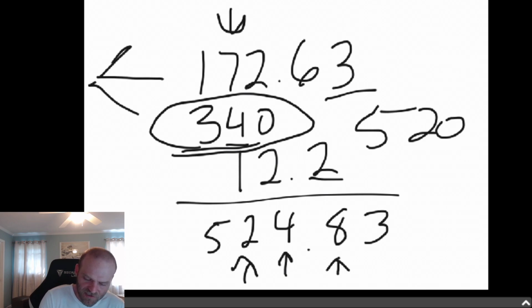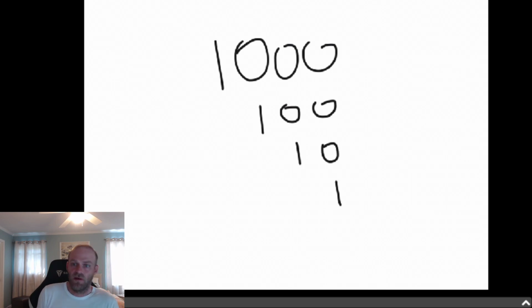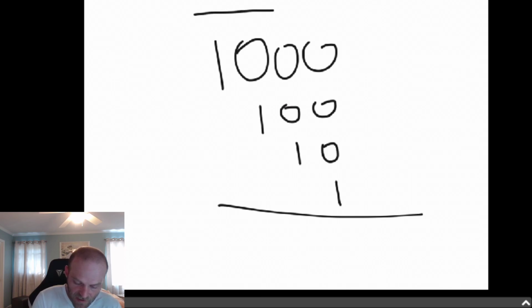Let me show you another example. Let's say I have 1,000 plus 100 plus 10 plus 1. What I'm looking for is the last significant figure furthest to the left.